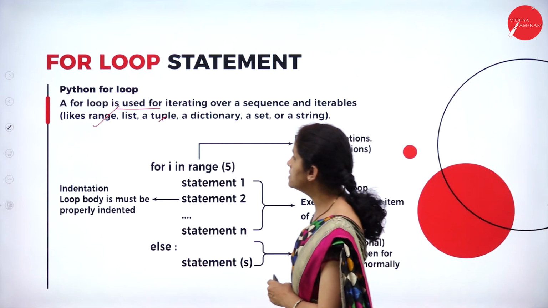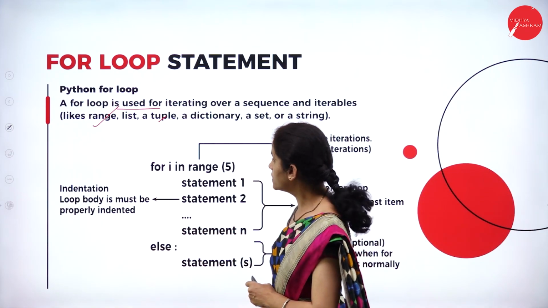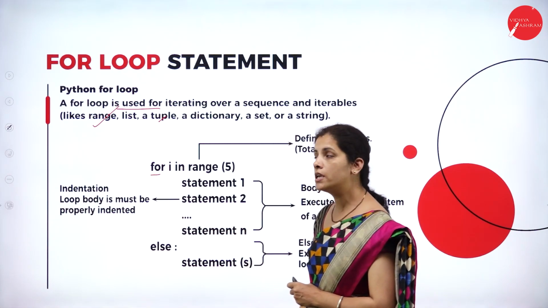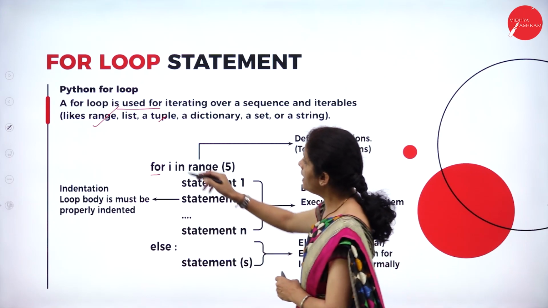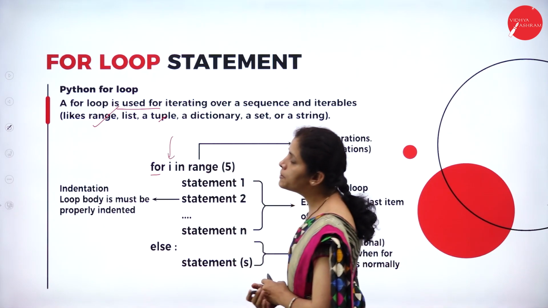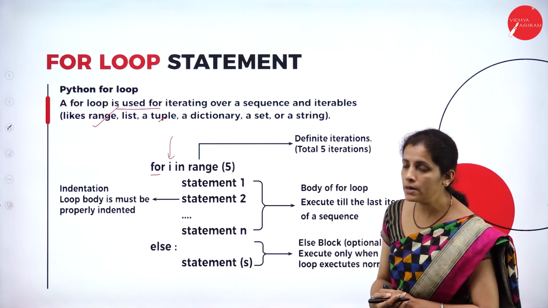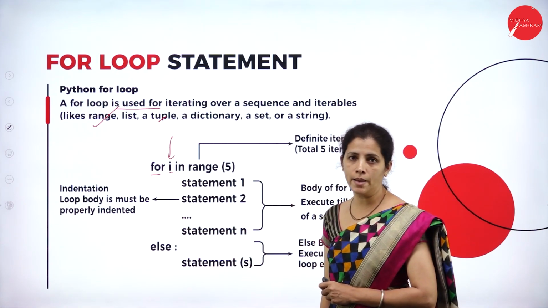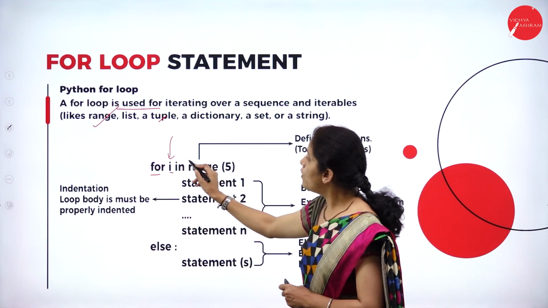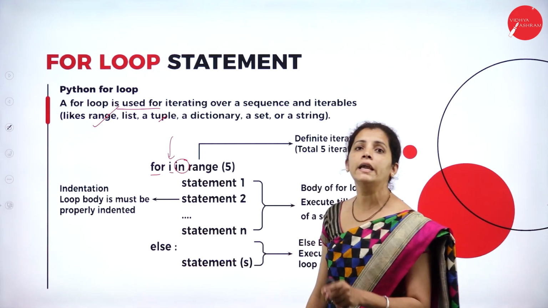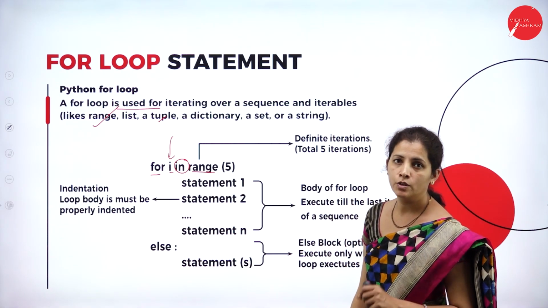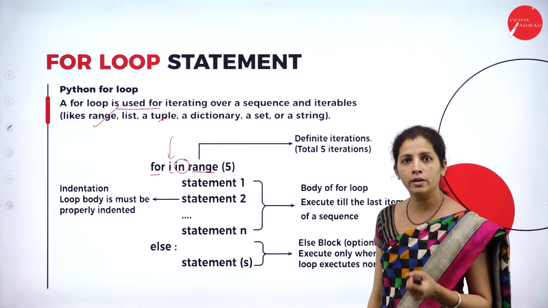Now, see here, this is the syntax. A for loop always starts with the keyword for, and I want to specify the variable. See here, i is nothing but the variable, and I want to use the keyword in, and I'm going to specify the range. So, how many times do I want to repeat?